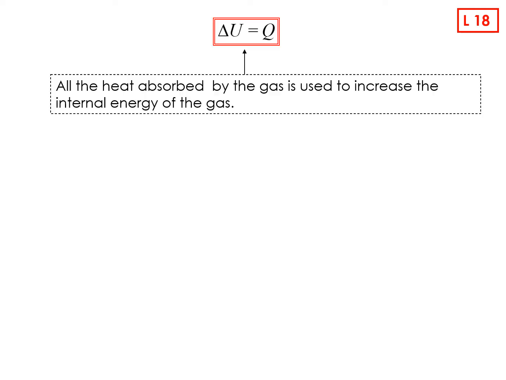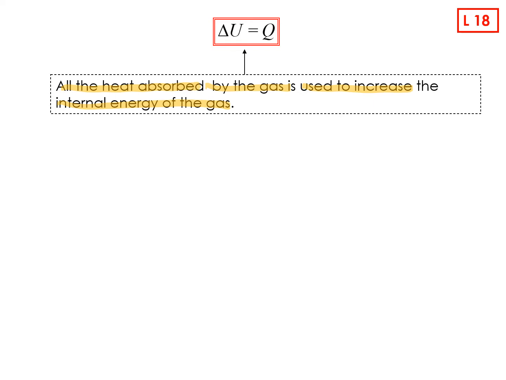But from the equation ΔU = Q, we can explain in terms of the sign of ΔU and also Q. If ΔU is equal to Q and the values are positive, what it means here is all the heat absorbed by the gas is used to increase the internal energy of the gas.